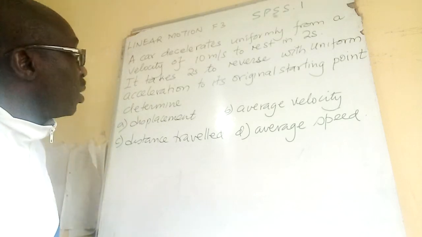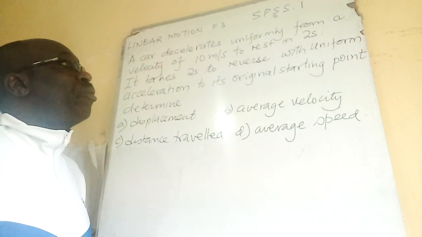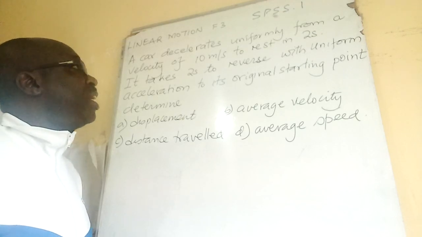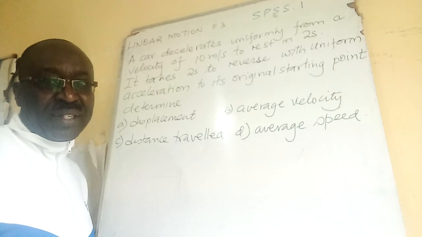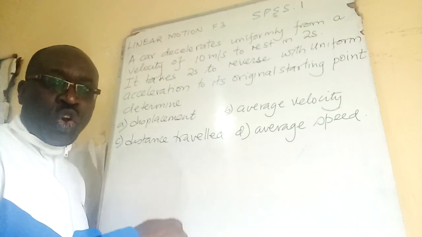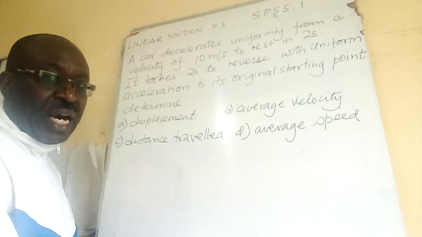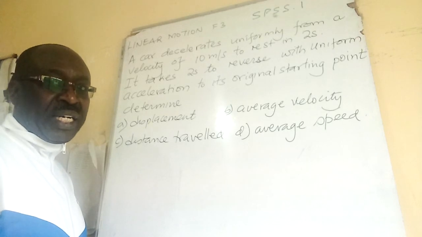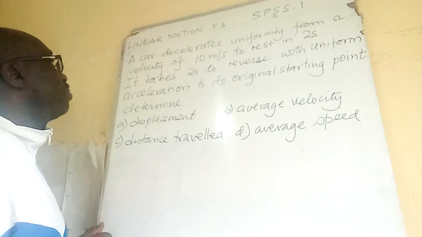A car decelerates uniformly from a velocity of 10 to rest in 2 seconds. So this car is slowing down, it is decelerating until it stops, and that happens in 2 seconds.